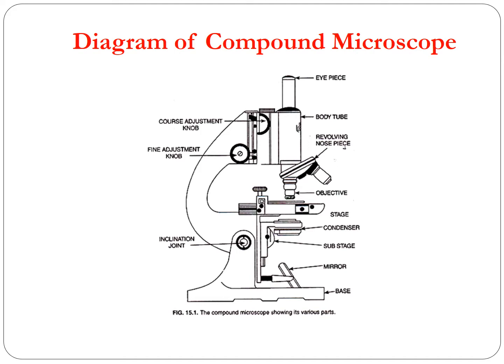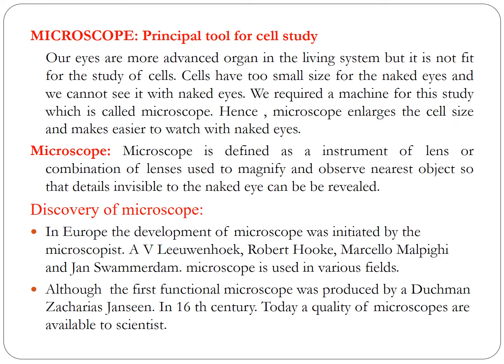Cells are too small for our naked eyes, so we require a machine, a microscope, which enlarges the cell size and makes it easy for us to watch with the help of magnifying lenses.